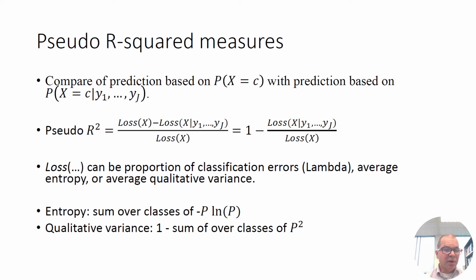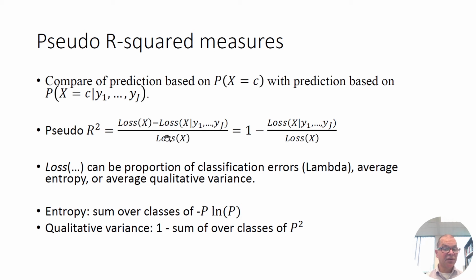And the general formula of a pseudo R-square is that you compare the loss of predicting the class membership without information on the responses with the loss that you obtain if you use information on the responses.